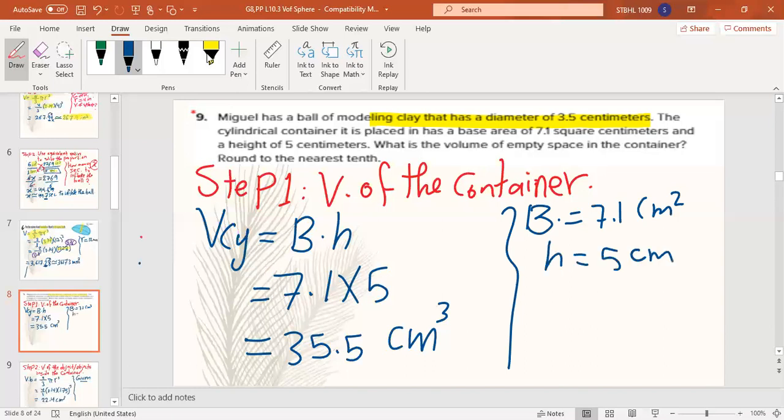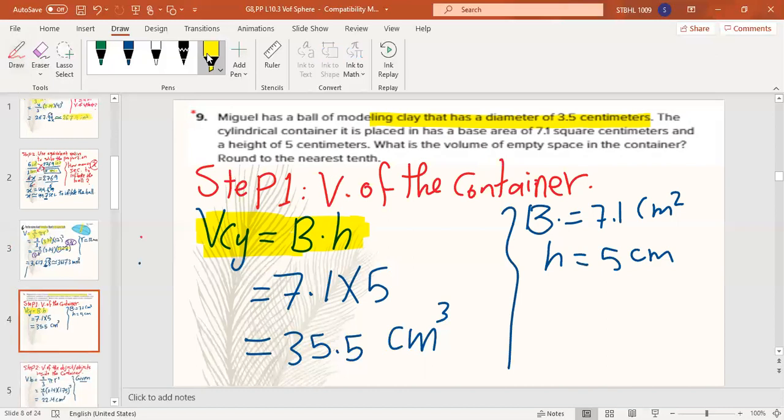Which formula for cylinder am I going to use? I'll use volume of cylinder equal base area times height. Why, teacher? Because radius is not given. So volume of container, which is cylinder, equals 7.1 times 5 equal 35.5 cubic centimeter.